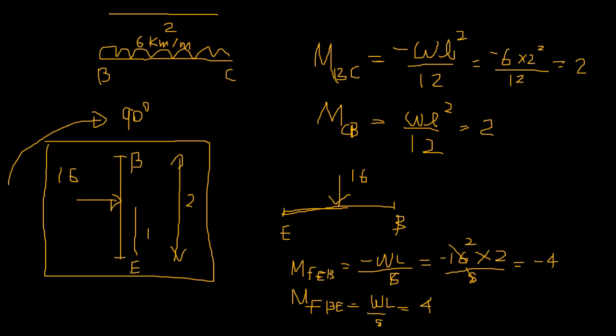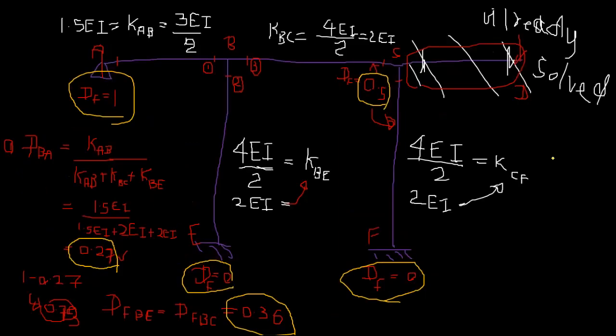Therefore, those are my table. Now my distribution factors are done. Stiffness was found, so distribution factors are found. Fixed end moments are found. So that means I can go ahead and do the table, right?